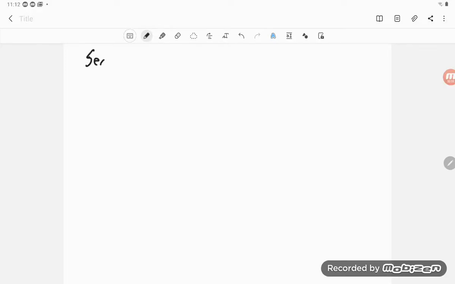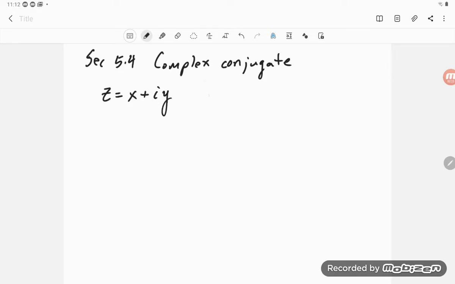Okay, this is section 5.4, and we officially get to this thing called the complex conjugate. I've mentioned it already a couple of times. If we have z equals x plus iy, its conjugate, z bar, is x minus iy.